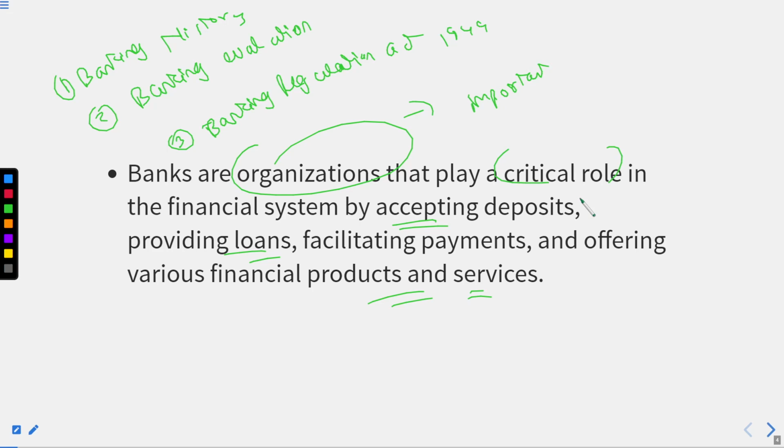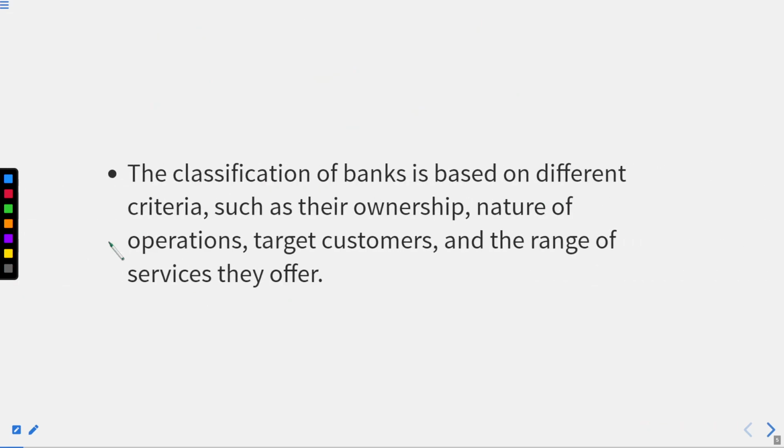The classification of banks is based on different criteria such as their ownership, nature of operations, target customers, and range of services they offer. Please write down these points. The first is ownership.